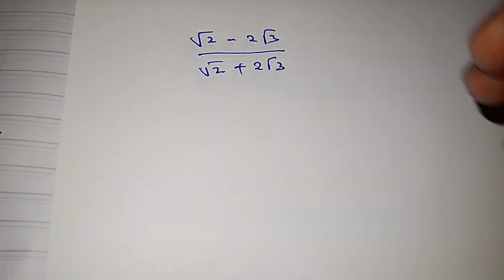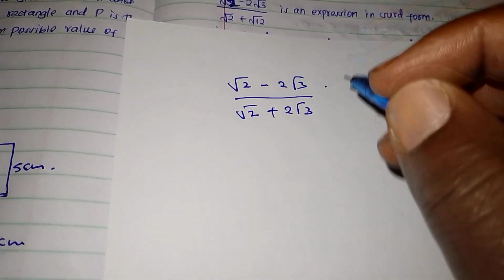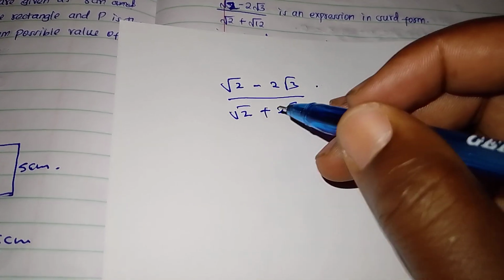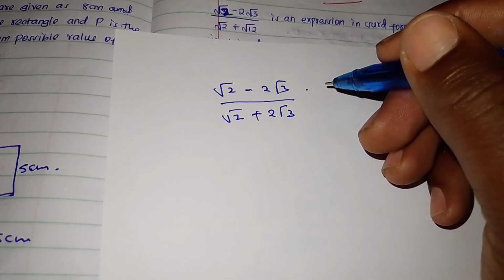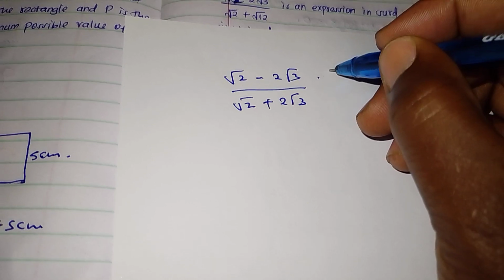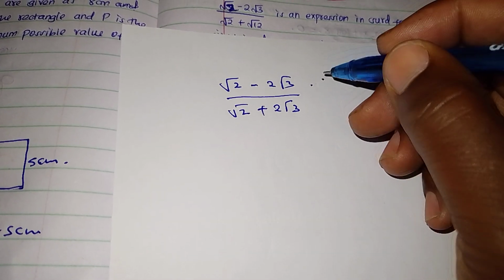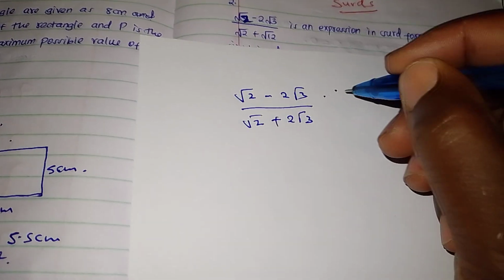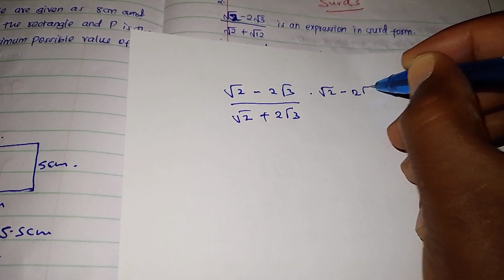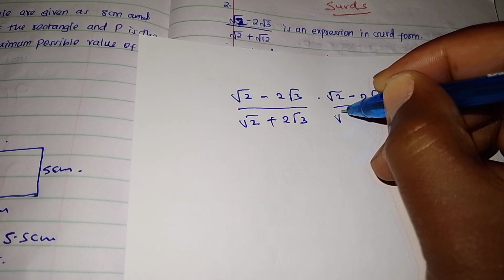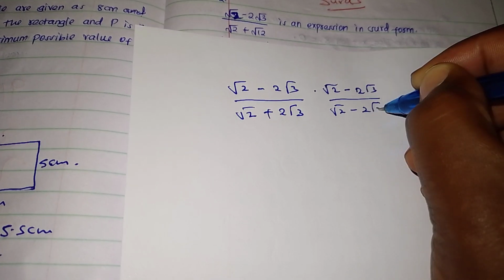Now for the conjugate of an expression like this, we look at the sign here. This is positive, so we alter the sign and make it negative. This is going to be multiplied in the numerator and denominator. So we have root 2 minus 2 root 3, and we do the same thing to the denominator.